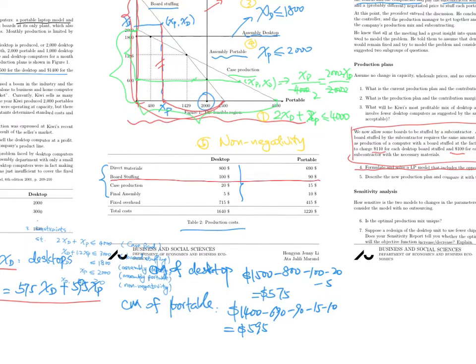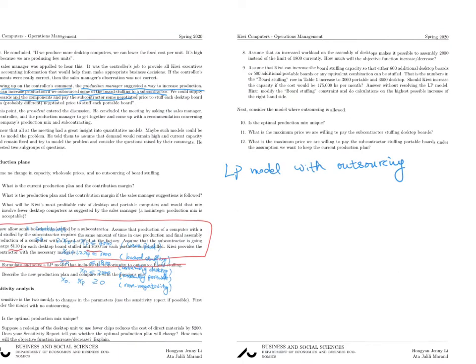Now if you outsource, you have 110 and 100, slightly more expensive than producing in-house. With this updated outsourcing cost, we can rework our contribution margin for the outsourced products.